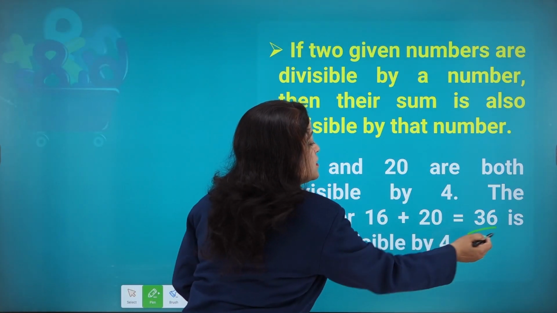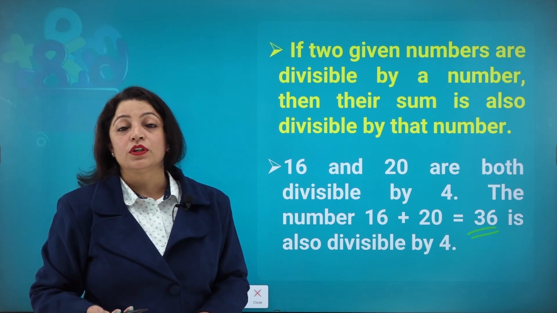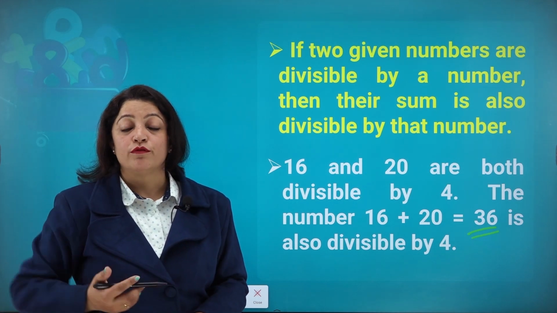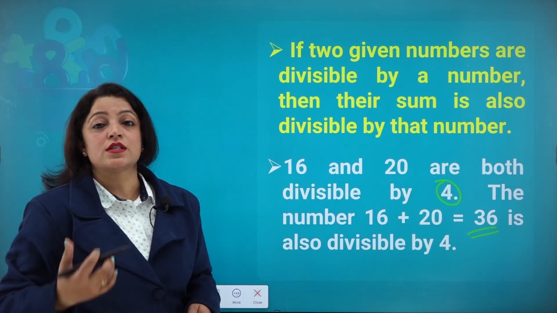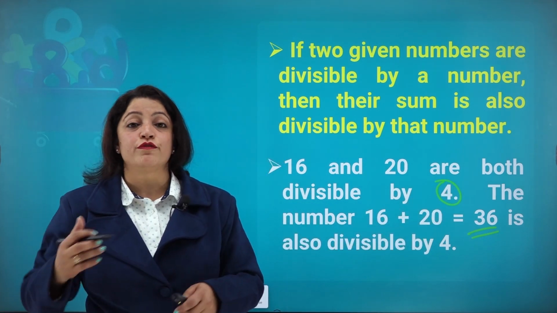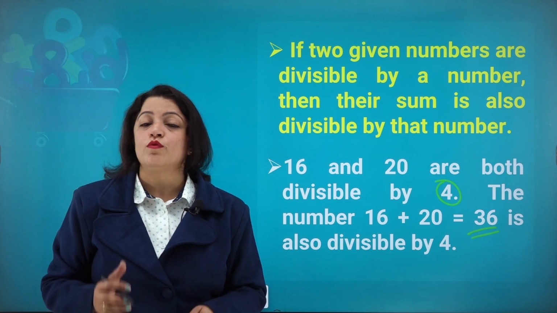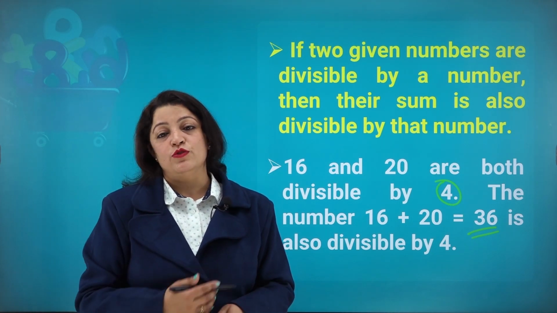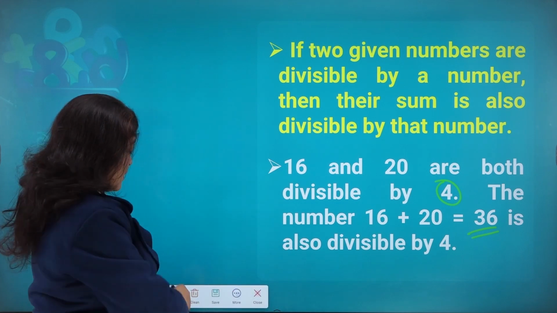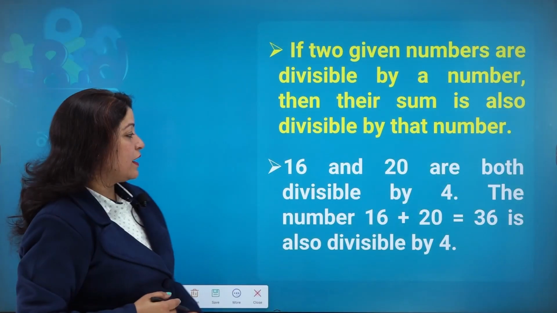Here 36 is also divisible by 4. Yes, it's divisible by 4. So after doing the addition, the resulting number will also be divisible by the individual number. So this is one more rule that we have done.